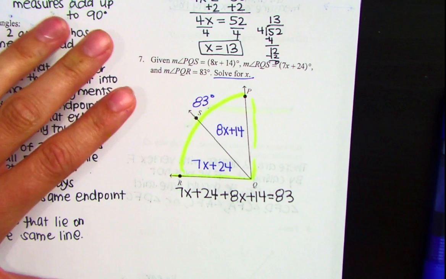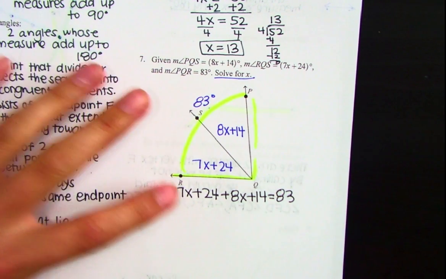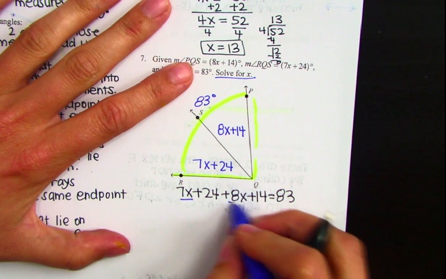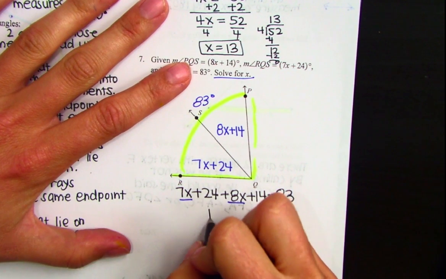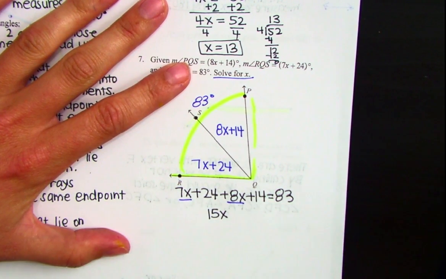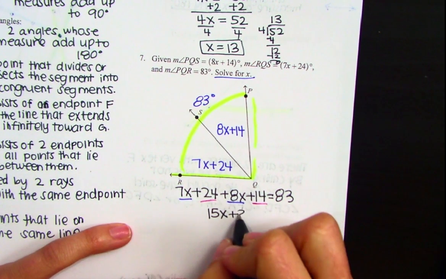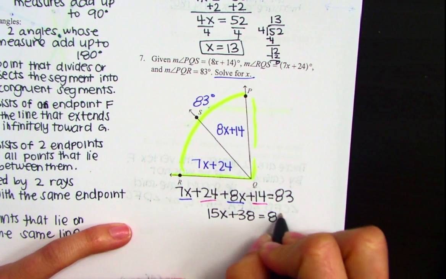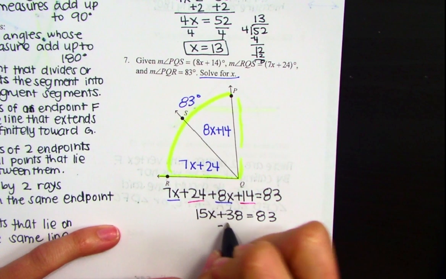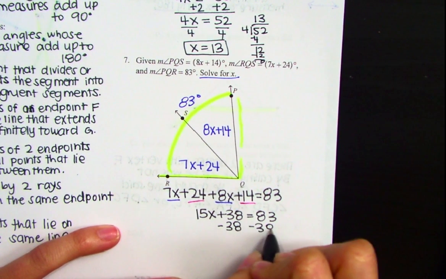And then I'm going to go ahead and solve. So if I need to solve for x, I'm first going to combine like terms. 7x and 8x gives me 15x. 24 and 14 is going to give me 38. That's equal to 83. Solving for x, I'm going to subtract 38 from both sides.